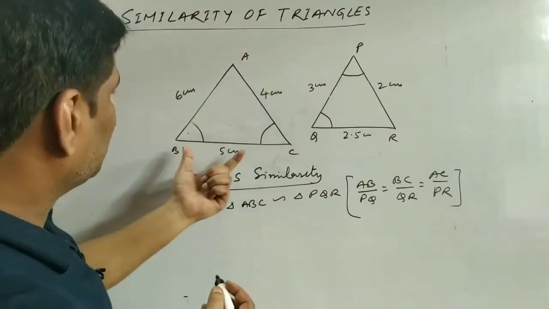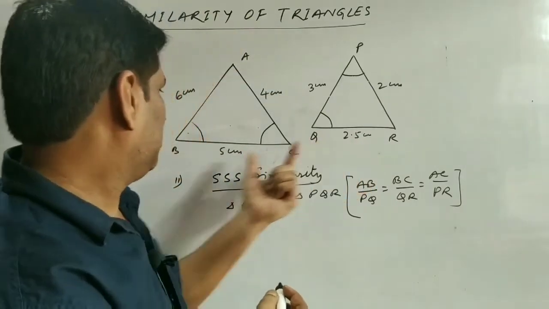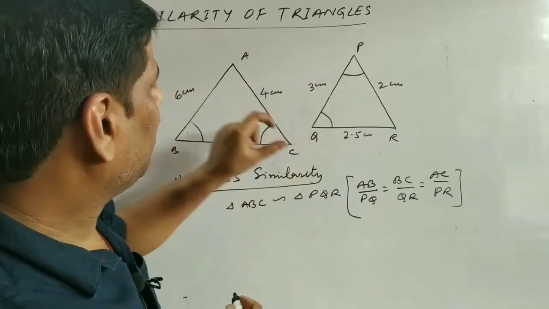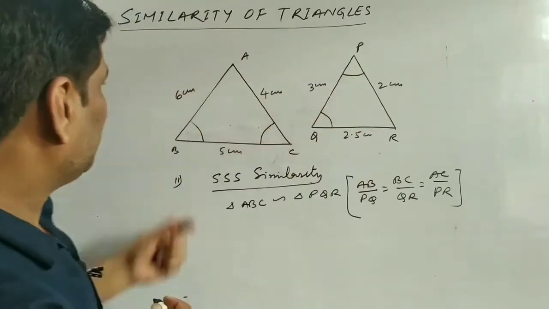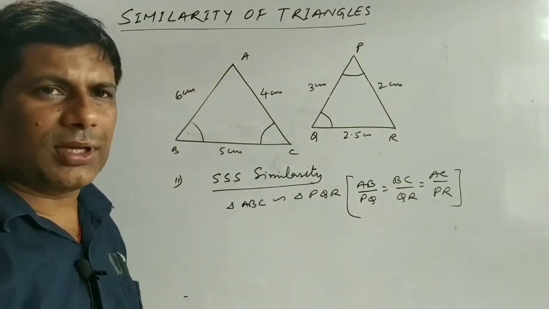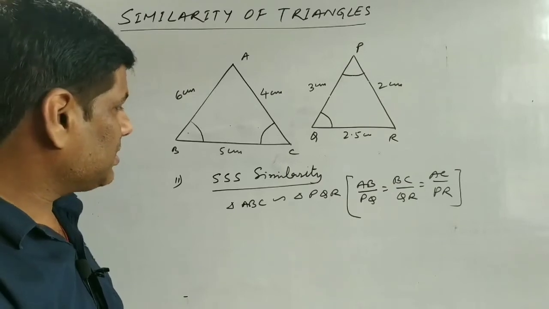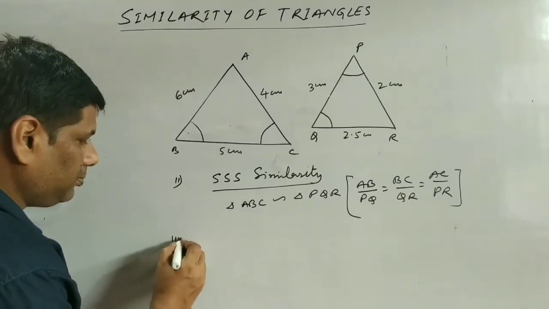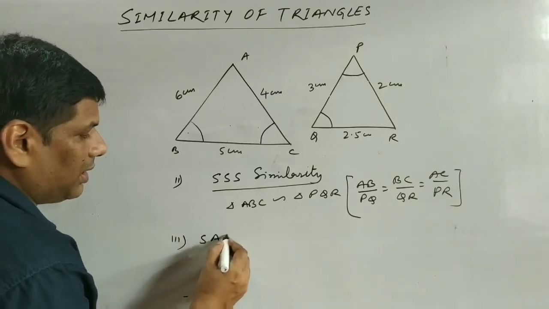Ratio of BC by QR is 2:1, and ratio of AC by PR is also 2:1. So if the ratio of corresponding sides is equal, then the two triangles are said to be similar by the property of SSS similarity. Now the third one is SAS similarity.